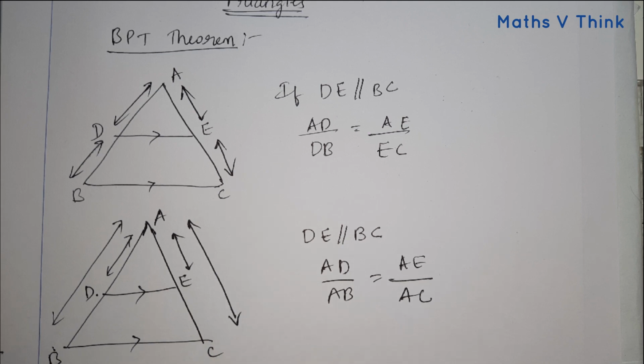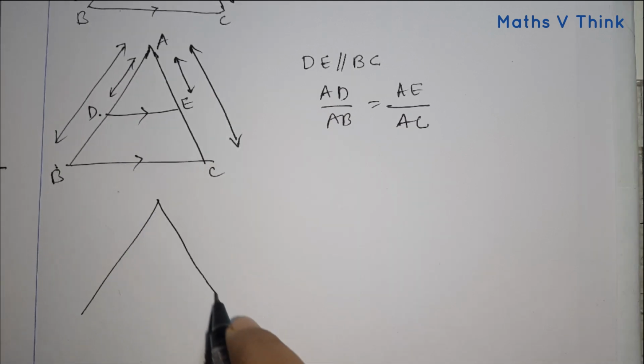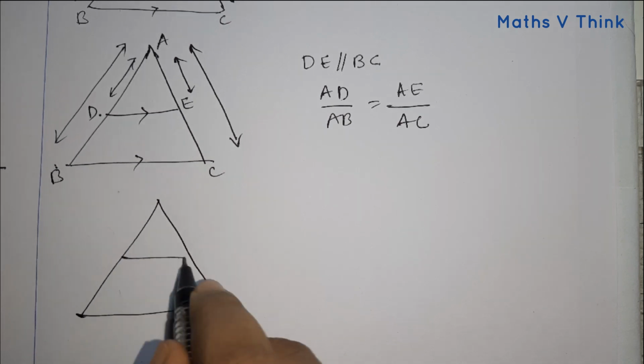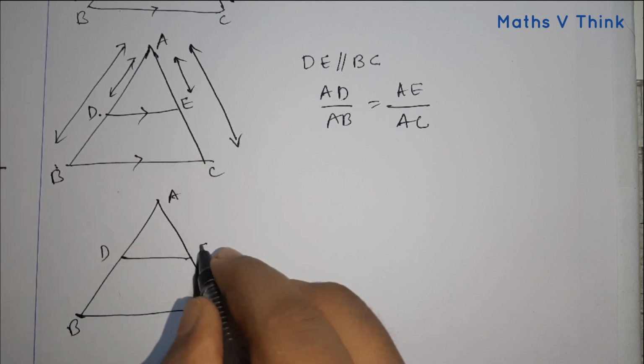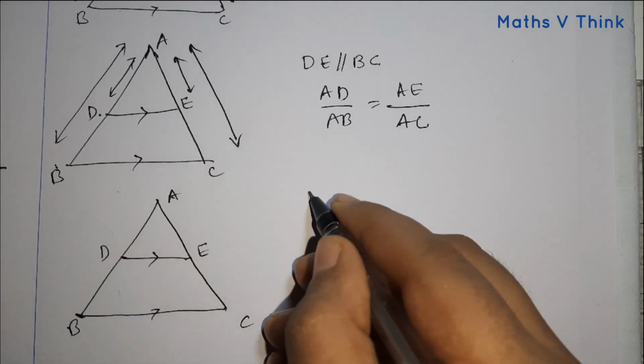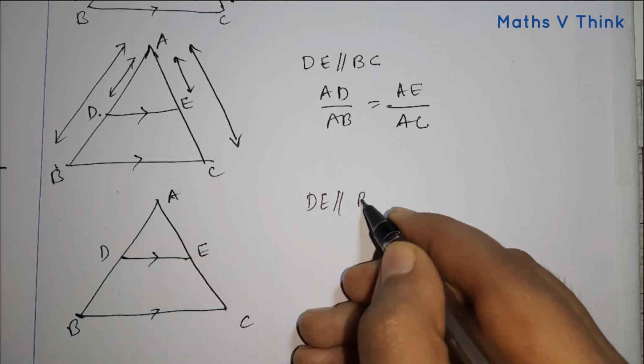Third case I will tell you. So once again I will draw a triangle ABC with D, E. So DE is parallel to BC.